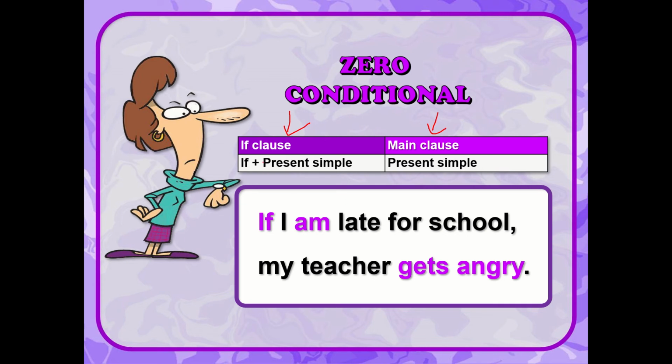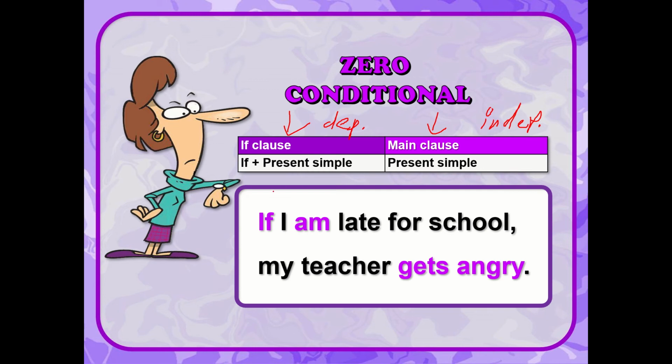This one, the if clause, is a dependent sentence, and the main clause is what we call an independent sentence because this one makes sense, but this one doesn't make sense on its own.